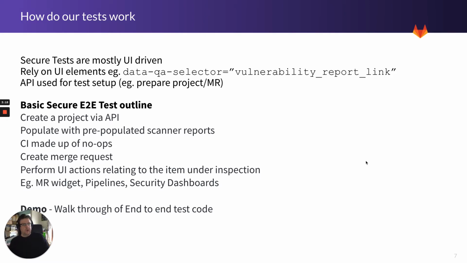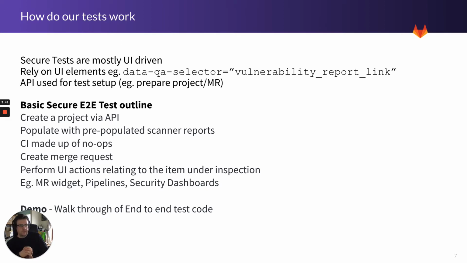So how do our tests work? The secure tests are mostly UI driven. UI components are important for driving our workflows using Selenium Capybara. We rely on UI elements, these things, data QA selectors, so folks may or may not have seen them throughout the code, especially the front-end code.